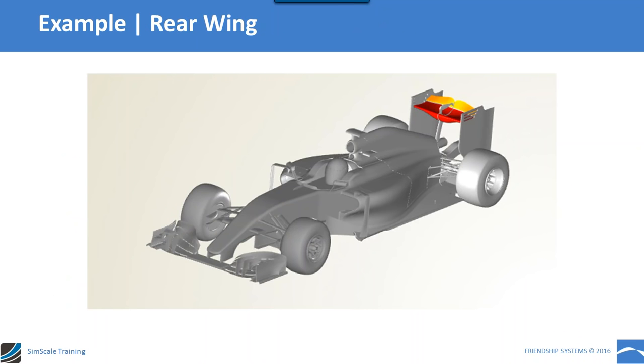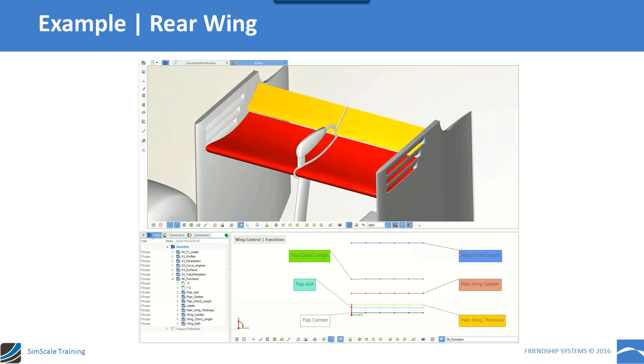Also, this technique can be applied to many different parts. For example, here we have the same meta surface technique applied on the rear wing. Here we can see our rear wing, and here we have the functions.